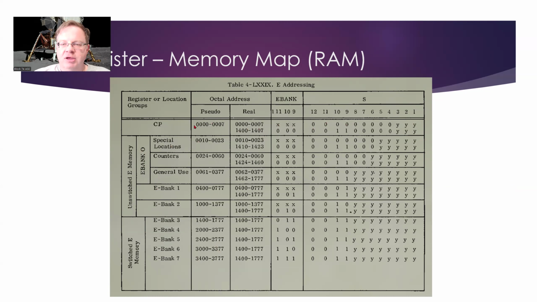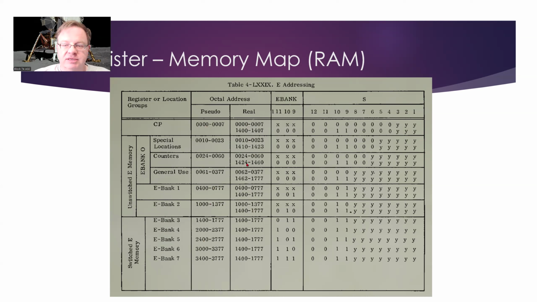And this is our pseudo address, right? This is the actual address of how it's being stored and accessed in the actual ROM chip itself, versus how it's being presented to the Apollo guidance computer based on the various banking within the system.